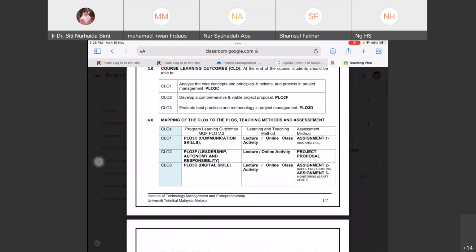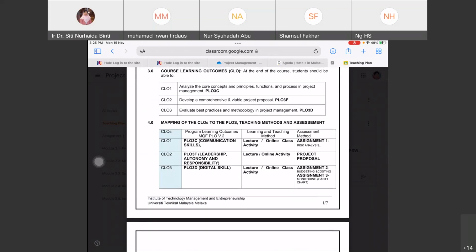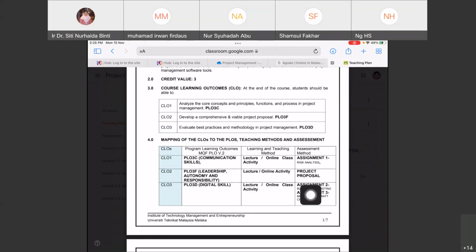The teaching plan is that we have one assignment, risk analysis, by Dr. Hazwani. Project proposal is given to you by Dr. Muzaffar.